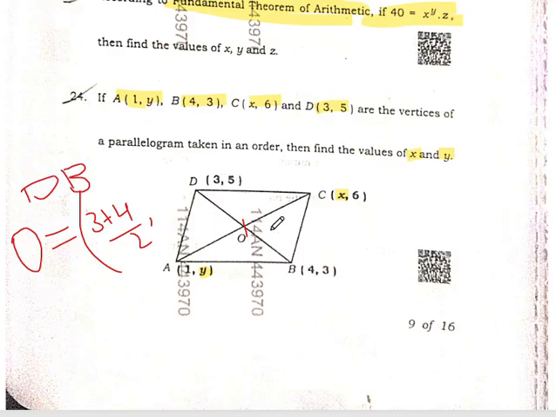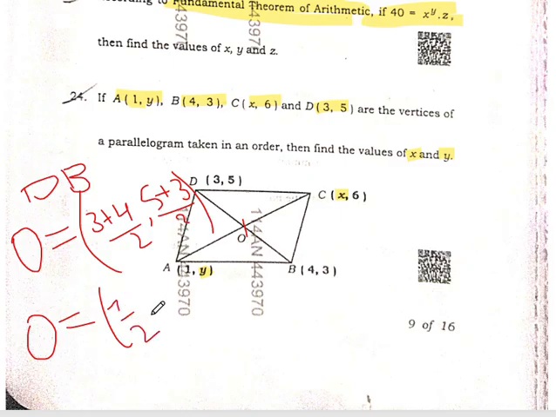So (x1 plus x2) by 2 is (3 plus 4) by 2, and (y1 plus y2) by 2 is (5 plus 3) by 2. So the O coordinates are (3 plus 4, that means 7 by 2, comma 5 plus 3, that means 8 by 2).